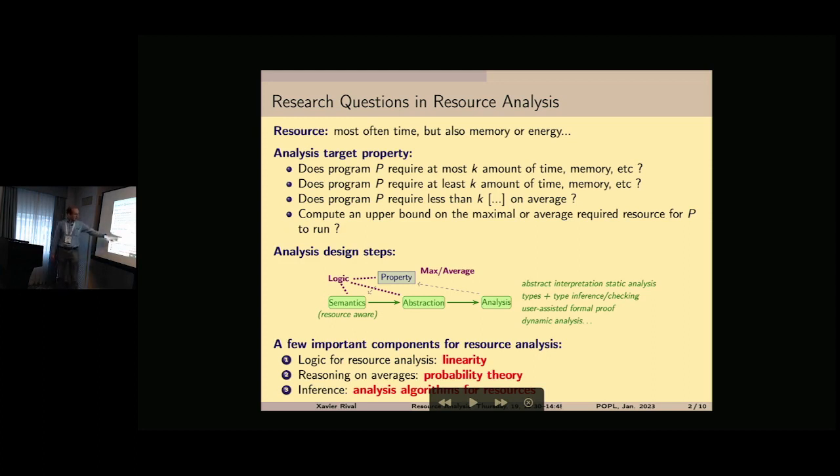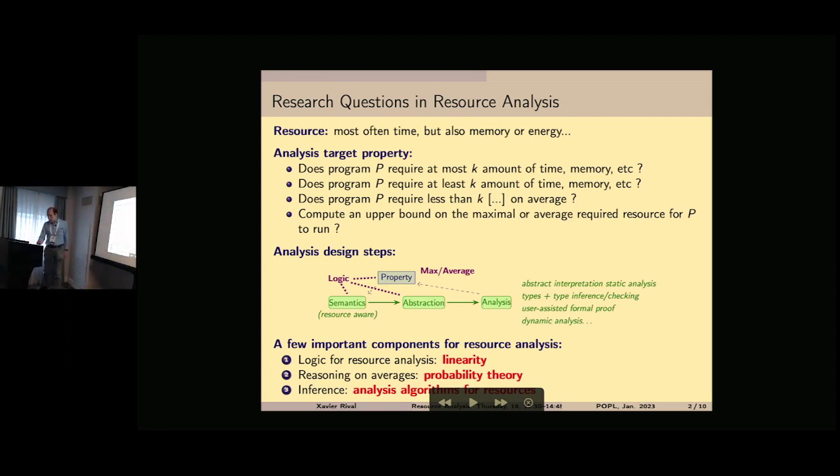Then you typically have to choose a target property, and the target property will be quite interesting because of this average thing. When it shows up, we'll see that sometimes it makes things a little bit more interesting. You have to fix an abstraction and then some analysis algorithm, like abstract interpretation-based static analysis, type checking, type inference, deductive proof, and whatnot, okay?